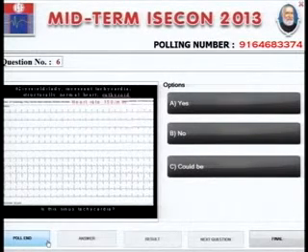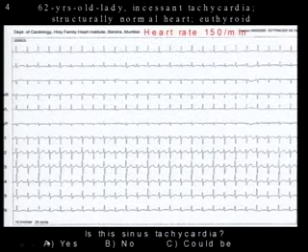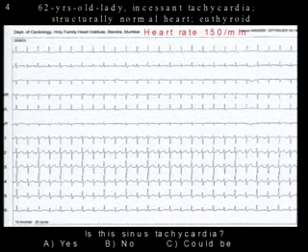So you can start sending your SMS now. Can you go back to the... Remember, it's 6A, 6B, 6C. 5 more seconds.